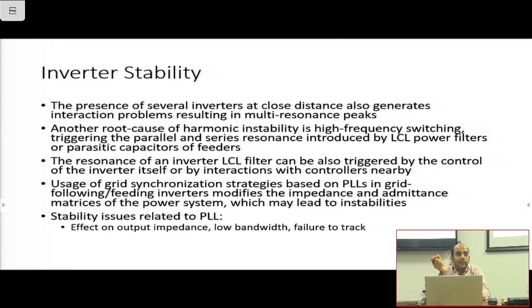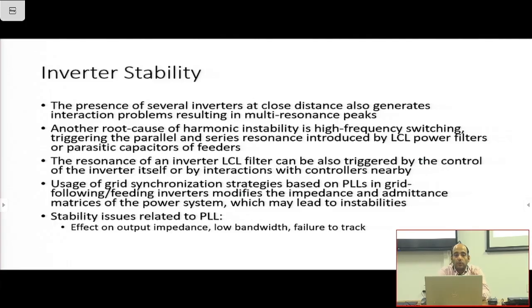If the PLL fails to give the phase angle information, what can happen? The subsequent control can get affected, lead to some kind of stability issues. So PLL creates some stability issues, like it fails to track the phase angle, or its bandwidth is not sufficient enough to handle the dynamics of variation of the voltage and all those things.